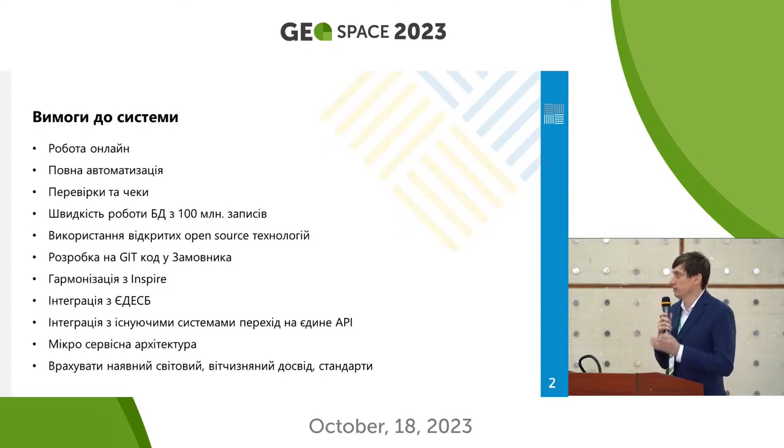It should be full automatization of all processes, maximum verifications, checks, and getting the information, speed of the work, because one database of address register contains more than a French register at all.